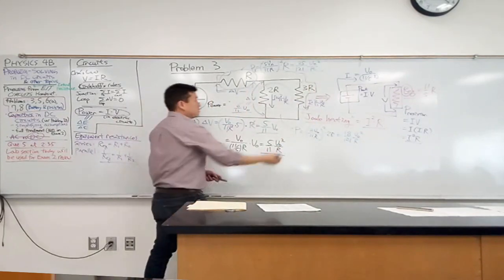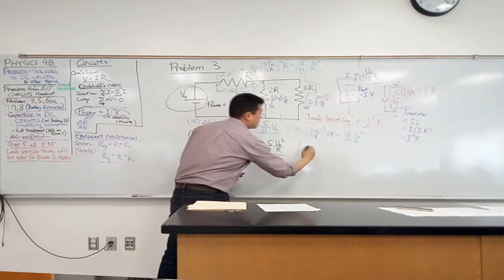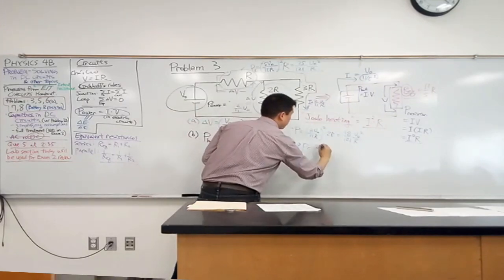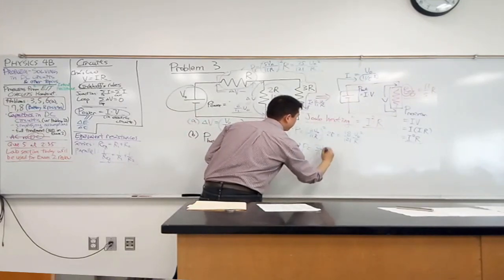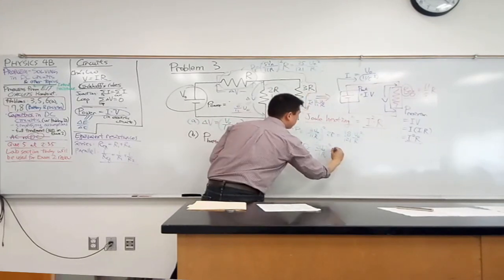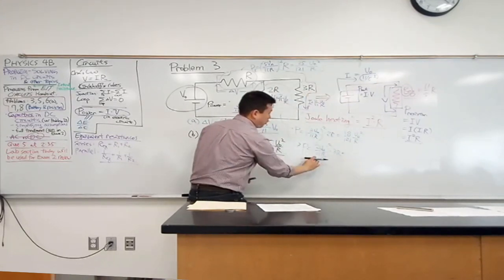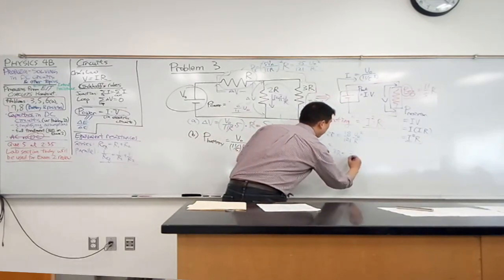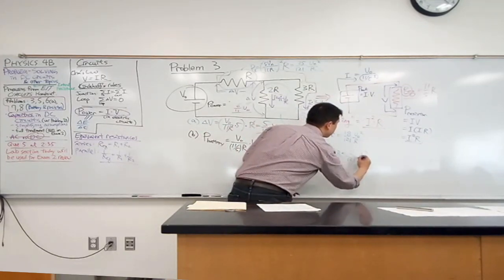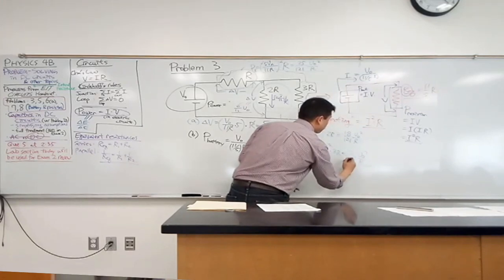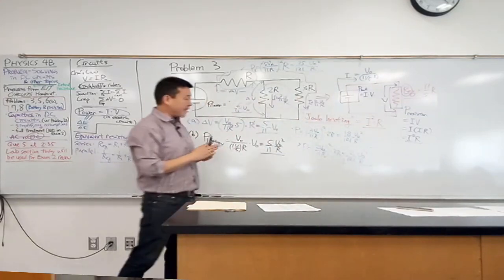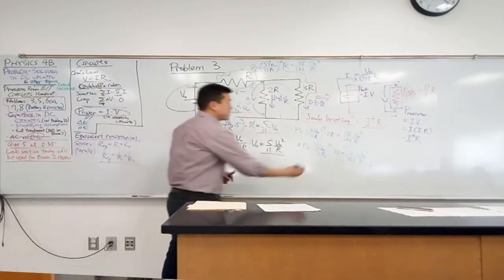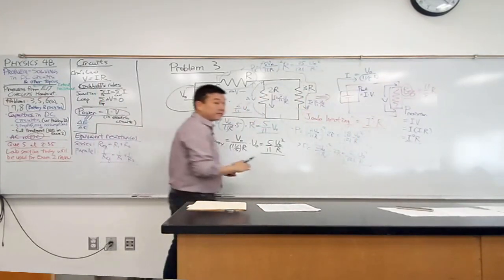So for this third resistor, the power that's dissipated there would be the current squared, 2 V naught over 11R, squared, times the resistance, 3R. So that'll be 4 over 121 times 3, so 12 over 121 V naught squared over R. If the question had asked how much power is dissipated in each of these resistors, this is how you would calculate it.